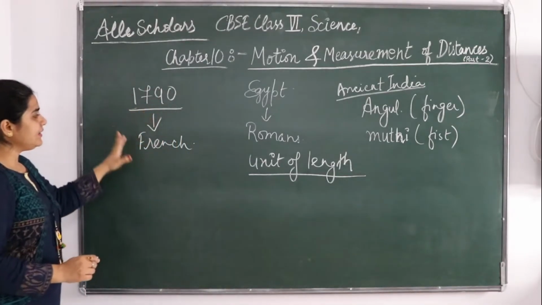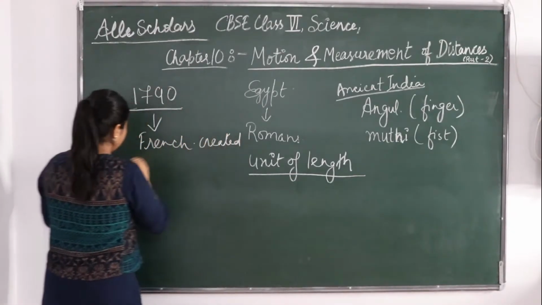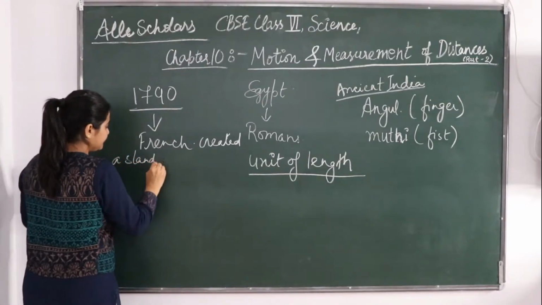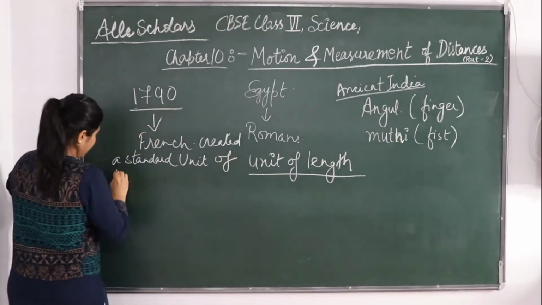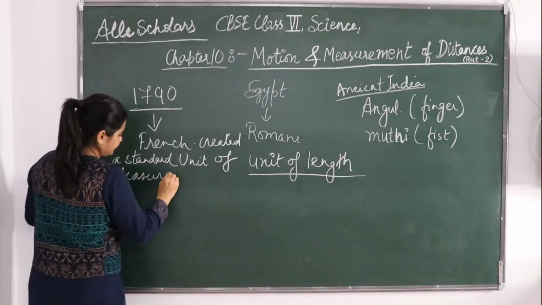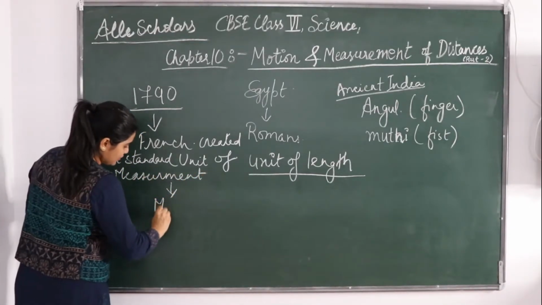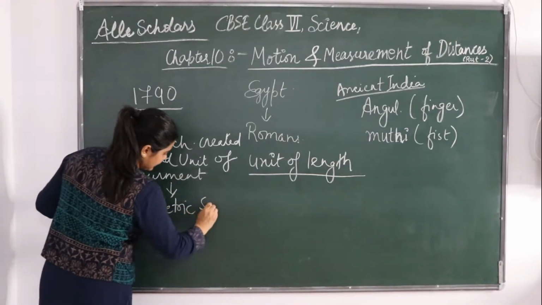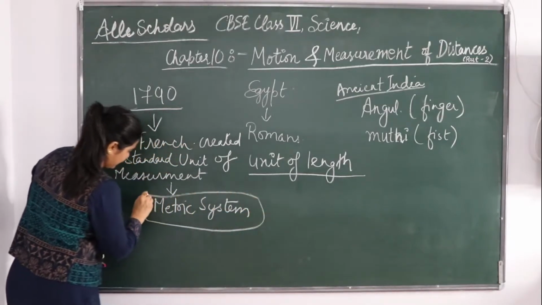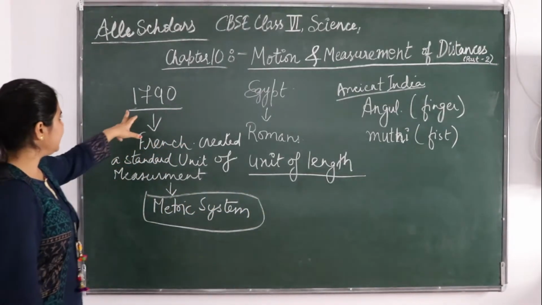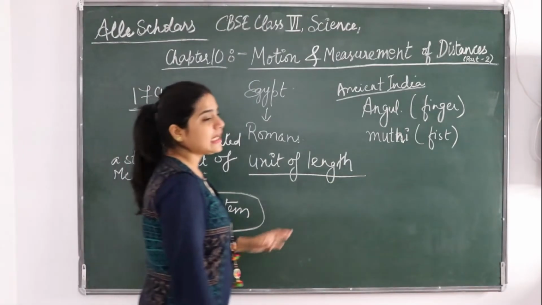In 1790 they created a standard unit of measurement, and that unit of measurement was called the metric system. 1790 में French created a standard unit of measurement and that was the metric system.